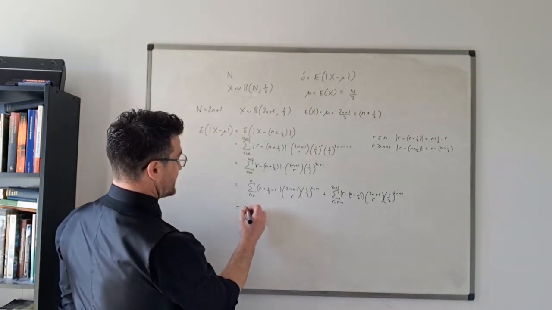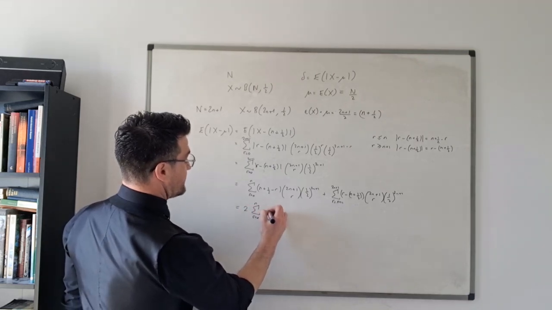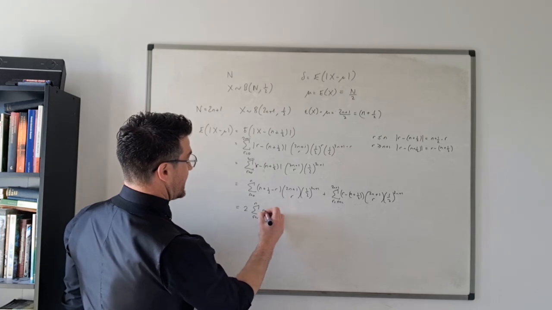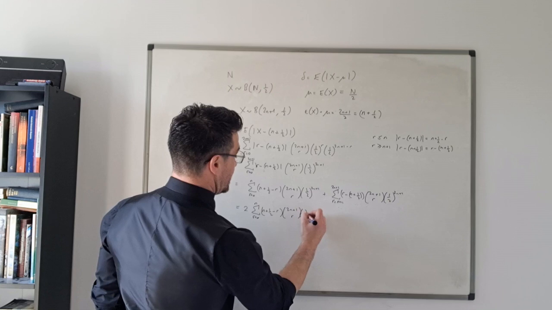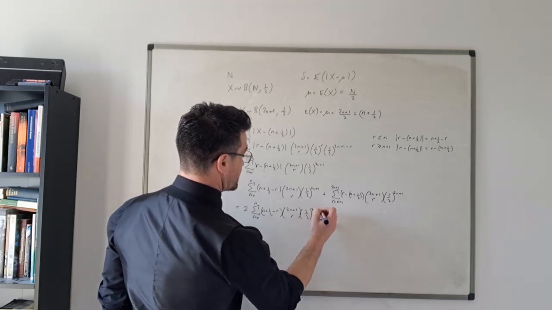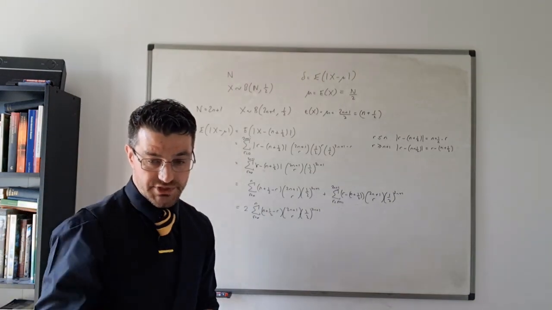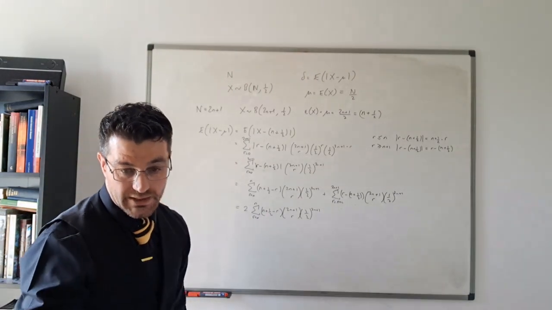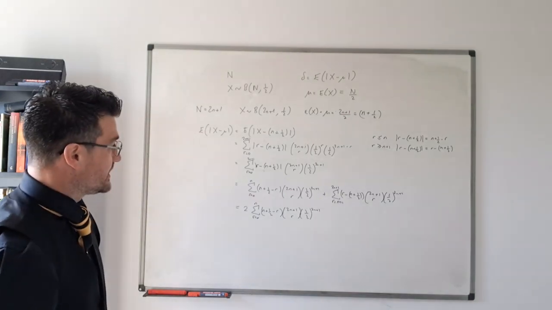So what we get is that this is equal to twice the sum from r equals 0 to n of n plus a half minus r, 2n plus 1 choose r, half to the power of 2n plus 1. So this is the analogous result to part 1b that we had previously.